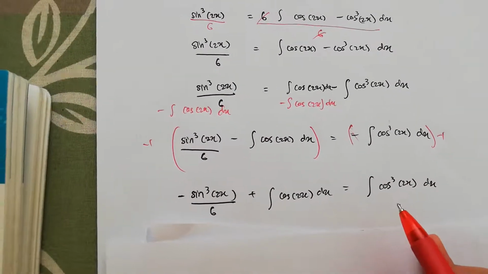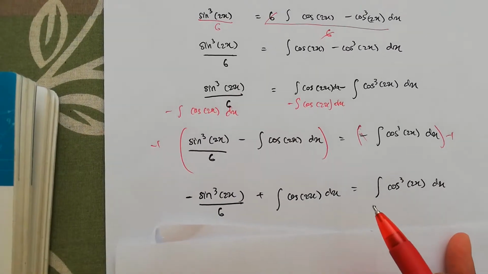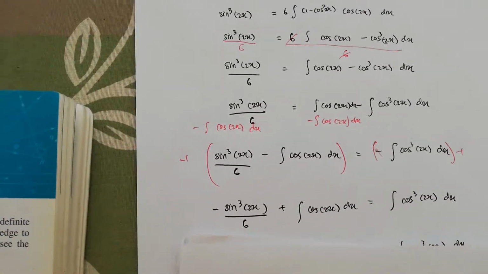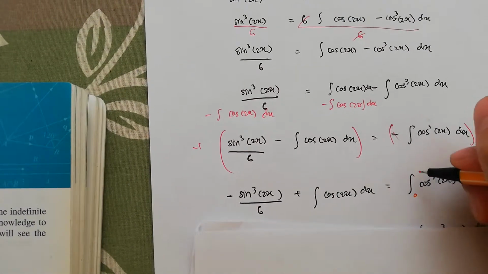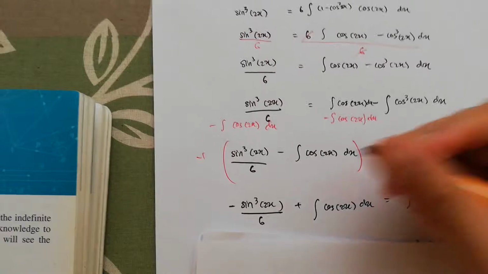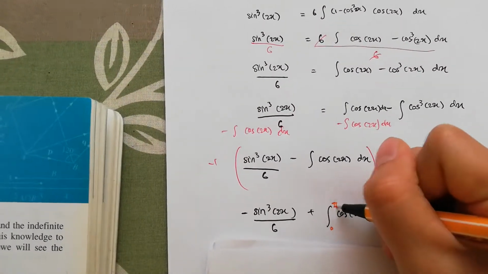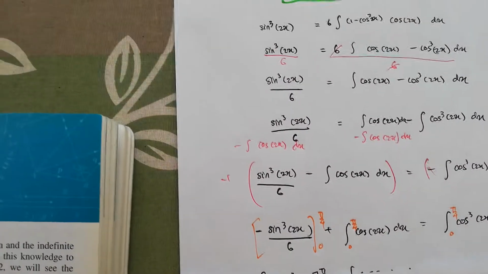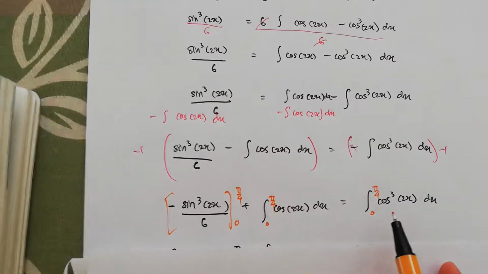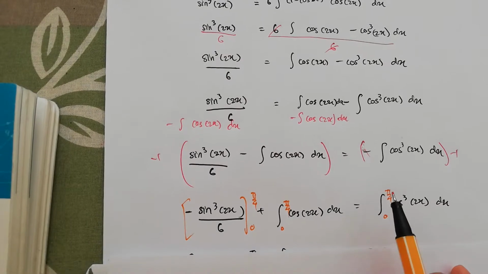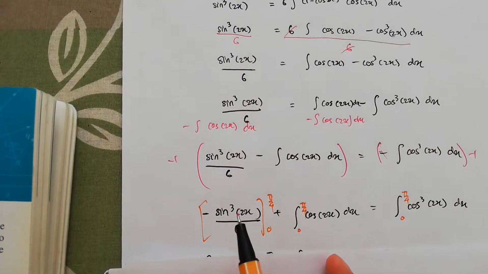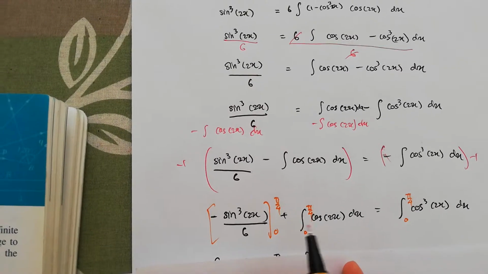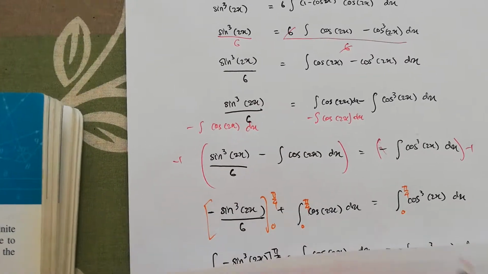This is what we want. Now I just need to apply the definite integral, 0 to pi over 4. Make sense? So the integration of cube of cosine 2x from 0 to pi over 4 is this guy. I apply the definite and add it with the integration of this, so the result will be this one.